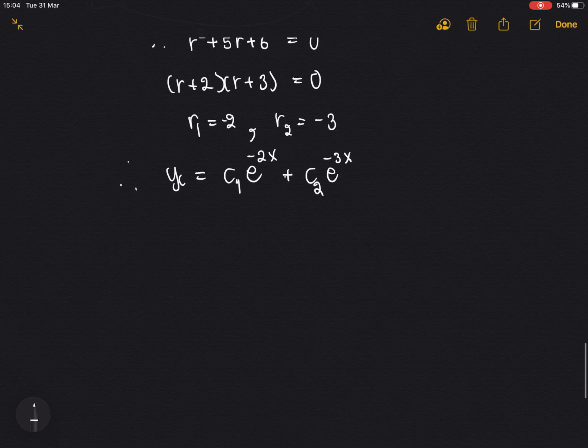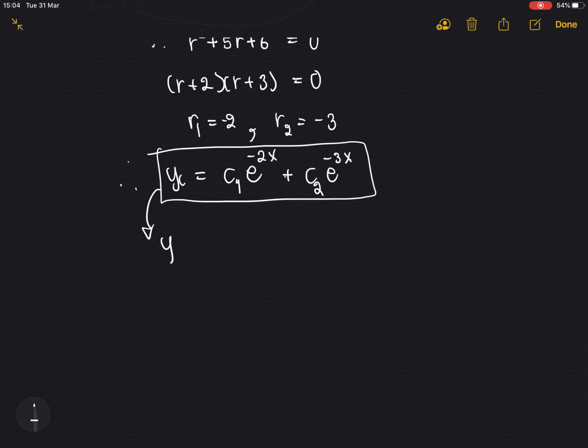Therefore, after we know the function yc here, we have to find yc prime in order to substitute the initial conditions back into the statement conditions. So in this case, we have to find the differentiation of that yc equation. So that would be minus 2 multiplied with c1 e raised to the power of minus 2x, minus 3 multiplied with c2, and also multiplied with the exponential of minus 3x. So that is the condition for the yc.